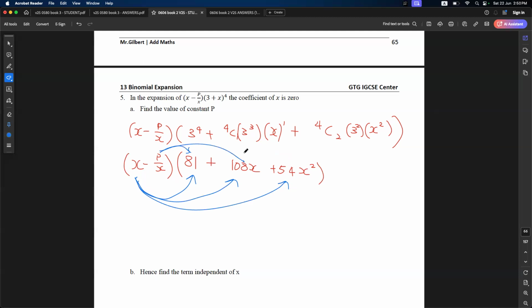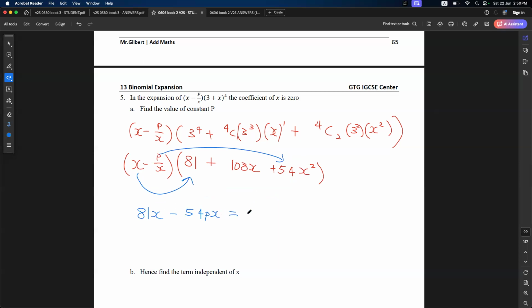Of course, this will be a bit long, but if you're not too sure, then you have to do it like that. But if you know what's going on, then you know that the coefficient of x is this times this and this times this. So now we're going to write down 81x minus 54px is equal to how much? What will you write?